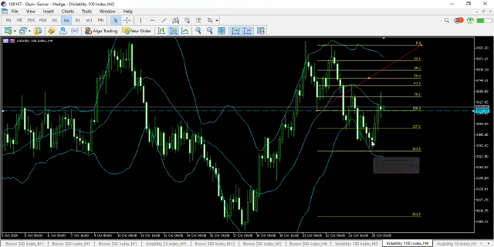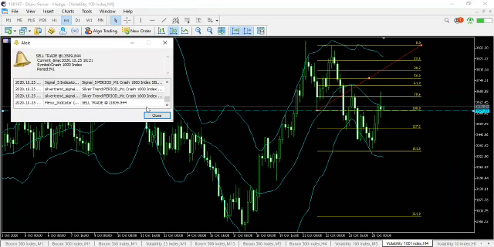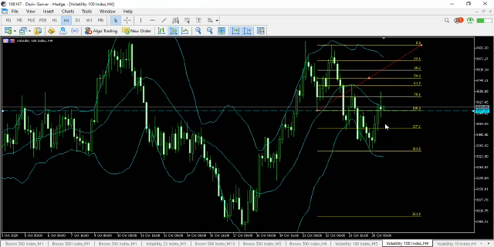Once you start seeing these things, you just take your profit and get out and then wait. Usually when it gets to the 161, it will pull back again and then want to retest that 161 again. It will retest it.